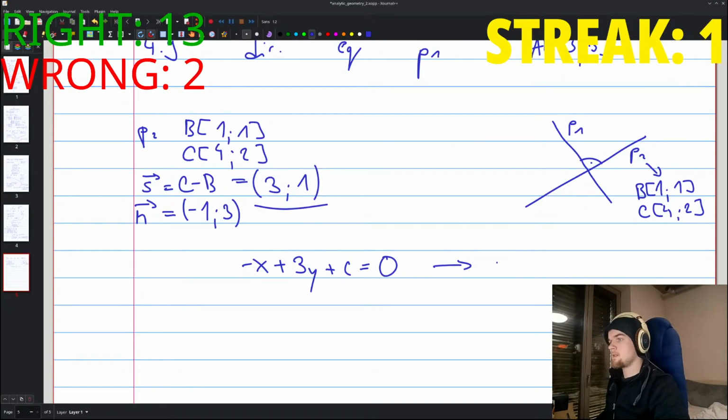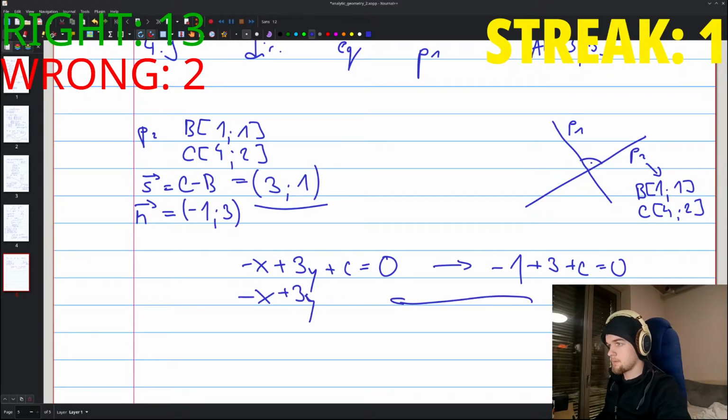So now we solve for c, so let's do 1, 1 for example, so we have minus 1 plus 3 plus c equals 0. We get c is equal to minus 2, so we get minus x plus 3y minus 2 is equal to 0.